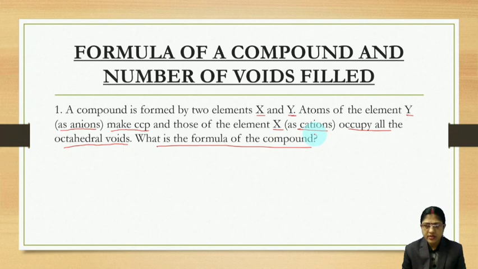So dear students, the CCP lattice is formed by the element Y, right? And the number of octahedral voids generated would be equal to the number of atoms of Y present in it.